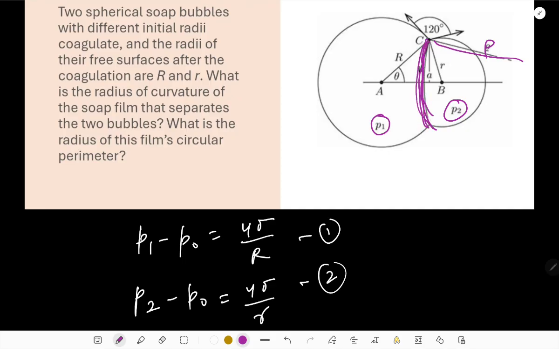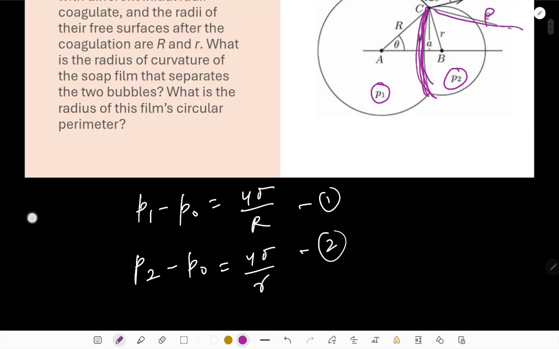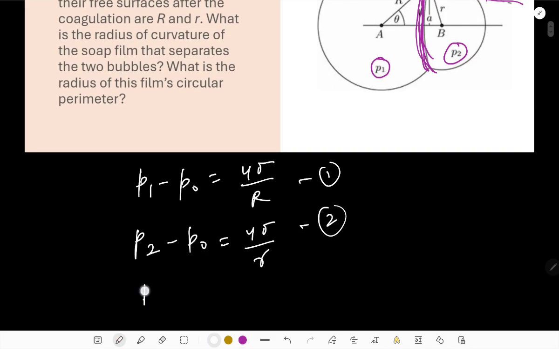So you can write P2 minus P1 equals 4 sigma divided by the radius of curvature of this separating soap film.